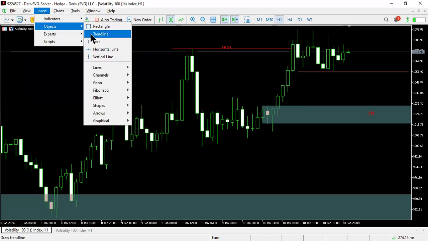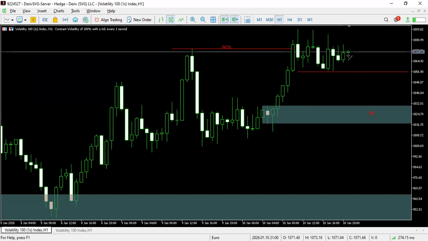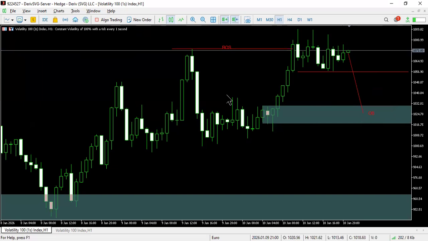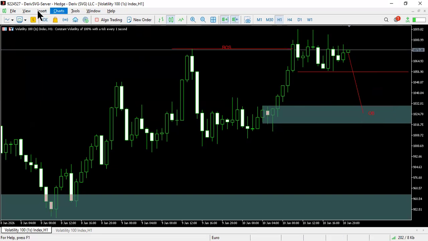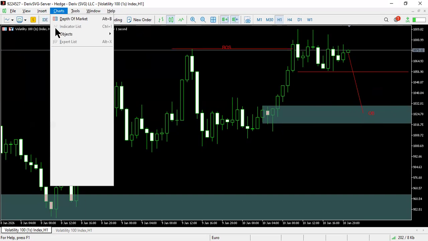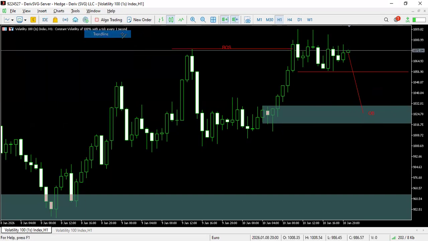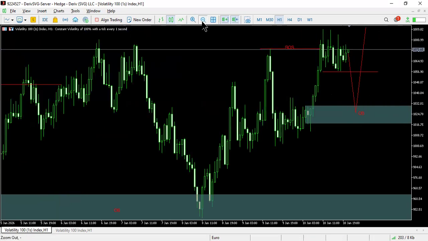So I'm waiting for price to come back and retest this level because we have broken a resistance area here, and then to continue pushing up. So this is a move that we can expect on VIX 100.